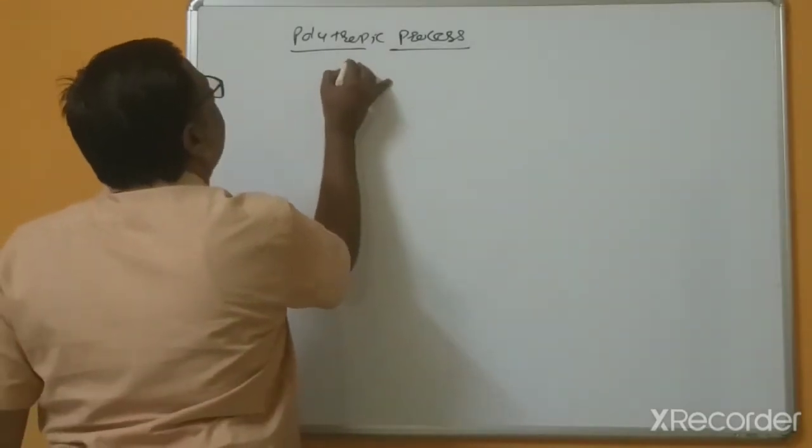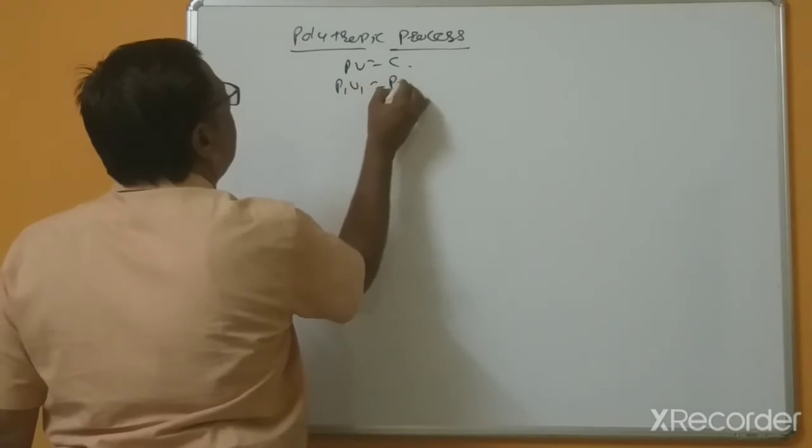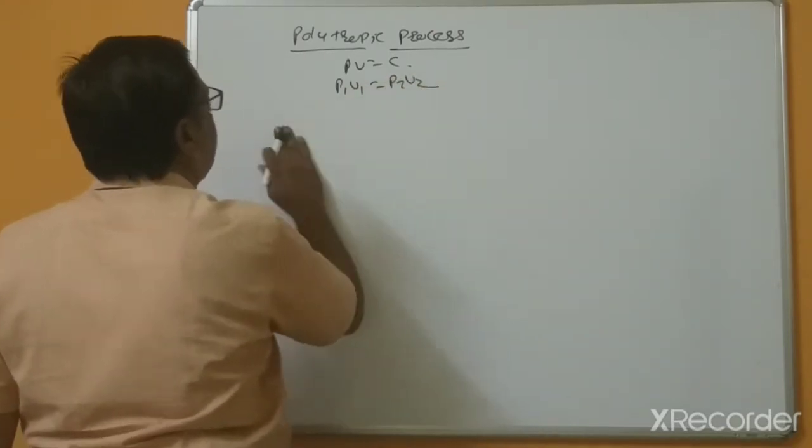So that's why here PV equal to constant, or P1 V1 equal to P2 V2 ratio.